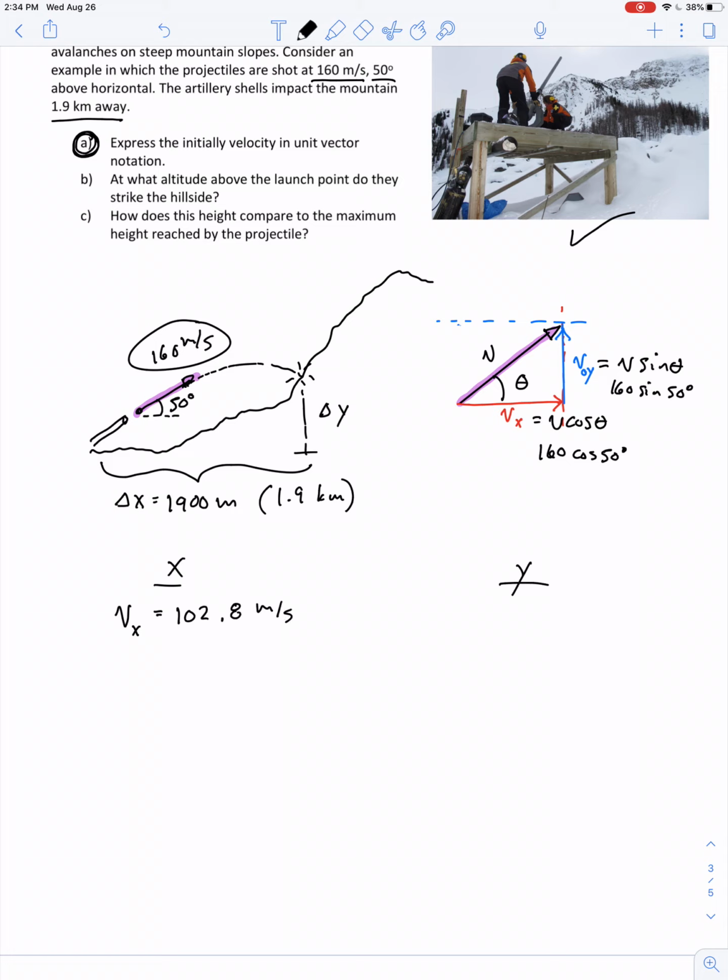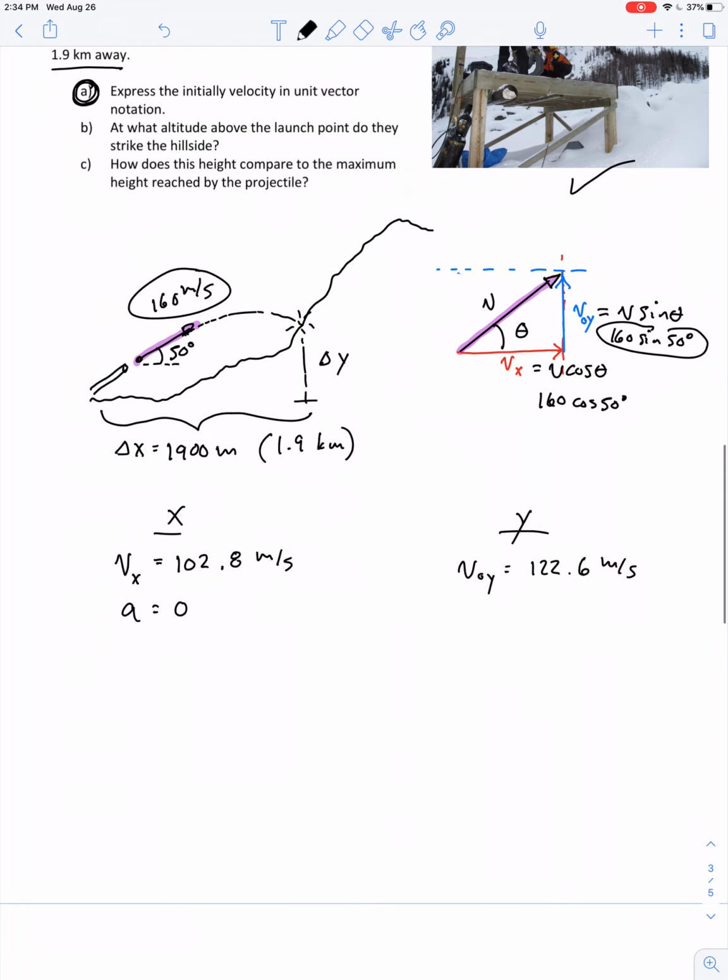And vertically, if we do 160 times the sine of 50, we get about 122.6 meters per second.